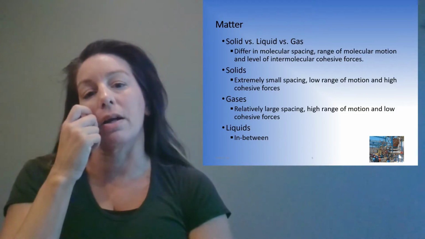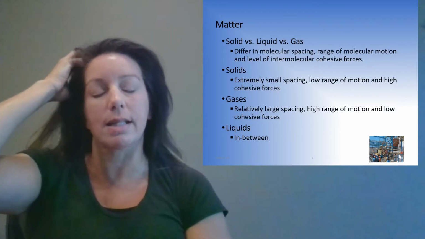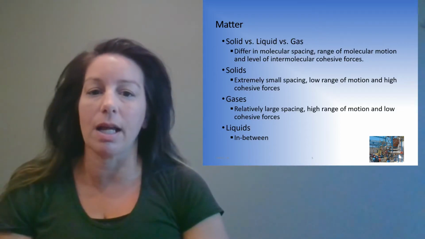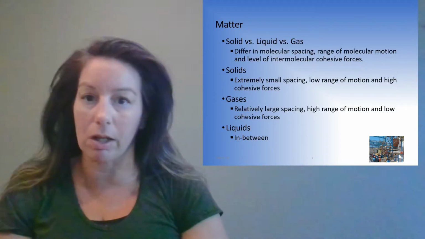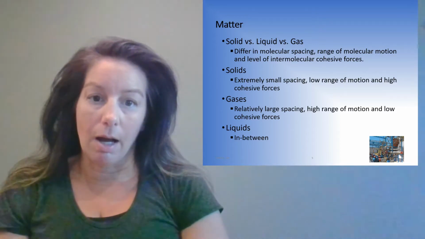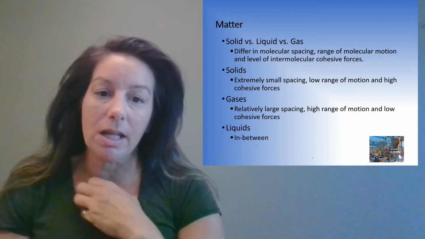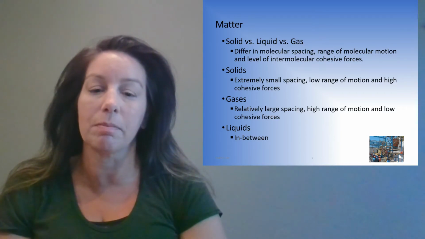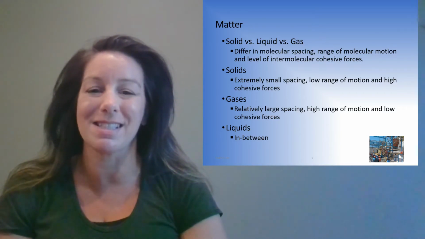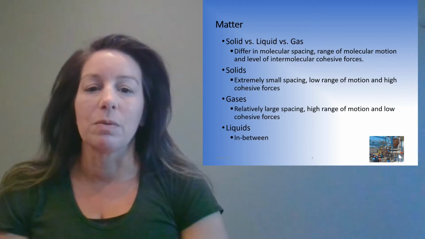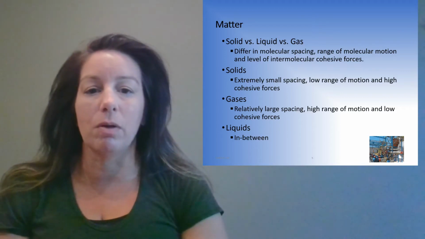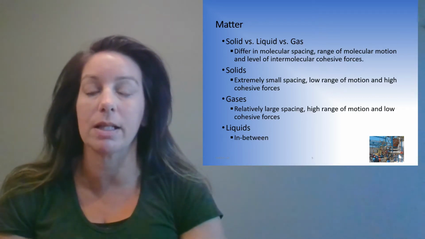So matter, solid versus gas versus liquid. They basically just differ in how the molecules are spaced, the range of molecular motion, and the levels of intermolecular cohesive forces, okay? So again, what's the difference? Spacing, how they move, and the level of how cohesive they are between the two molecules.